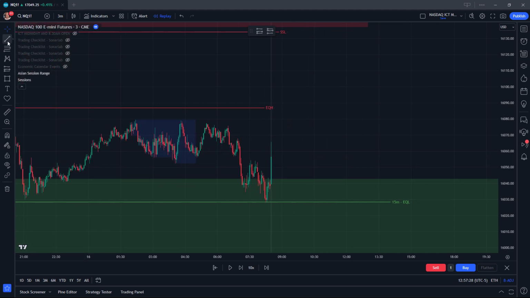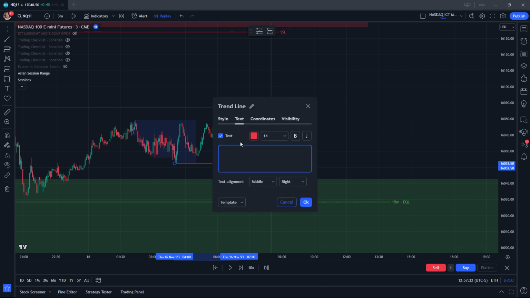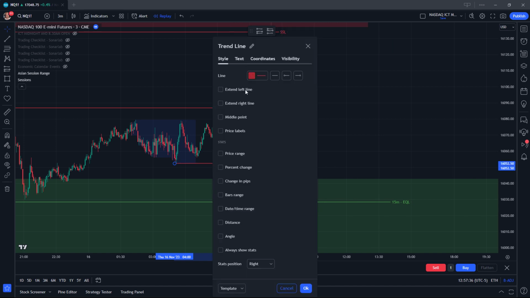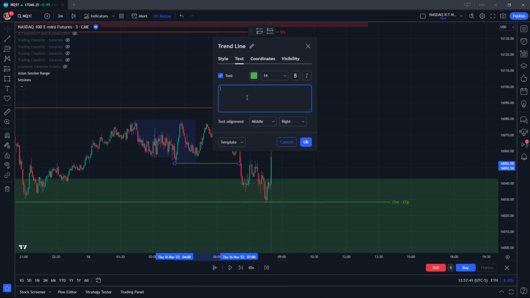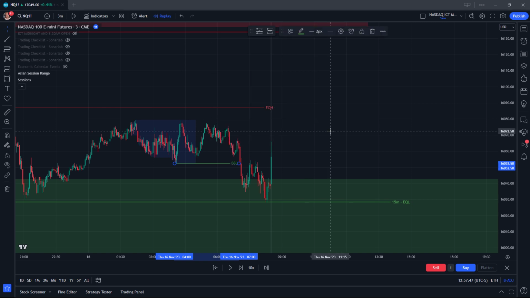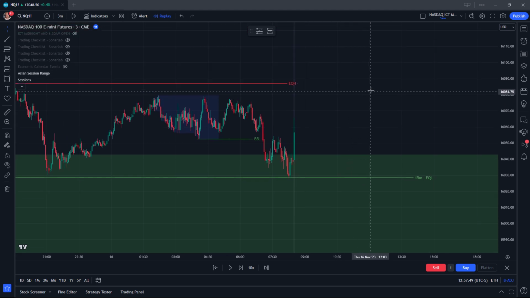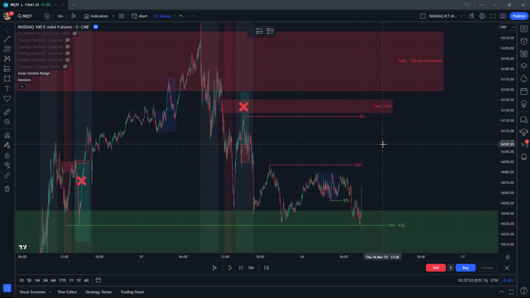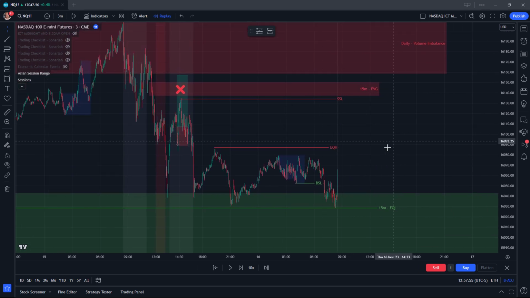And then one could also argue that we've actually purged the London equal lows as well. This is one of the difficult things, trying to decide when liquidity has been taken or not. Okay, so what picture does this paint?